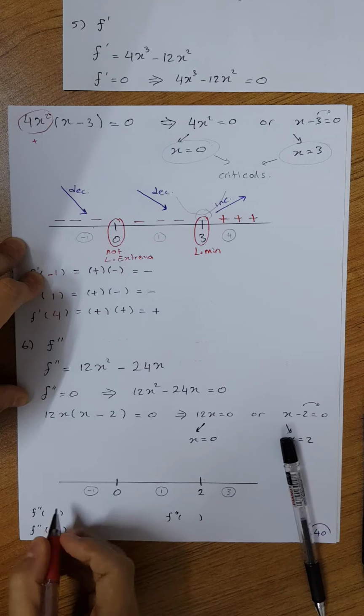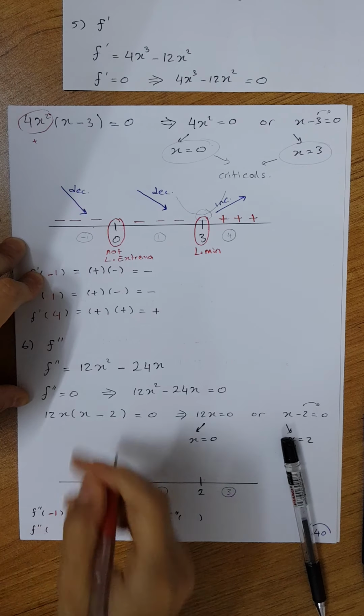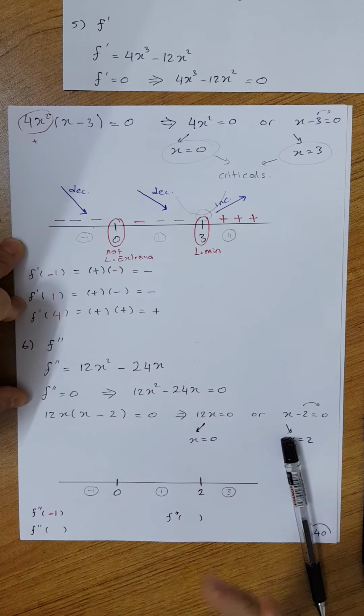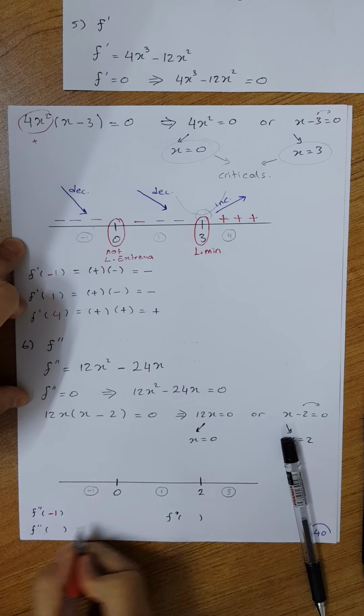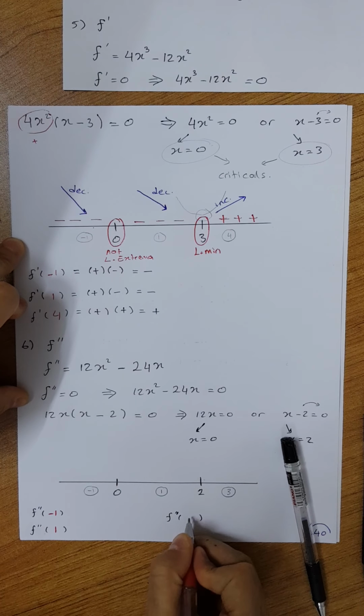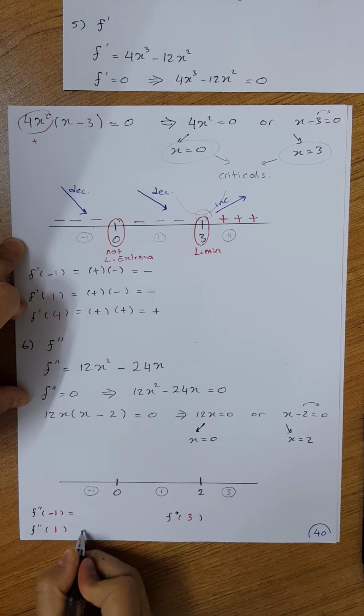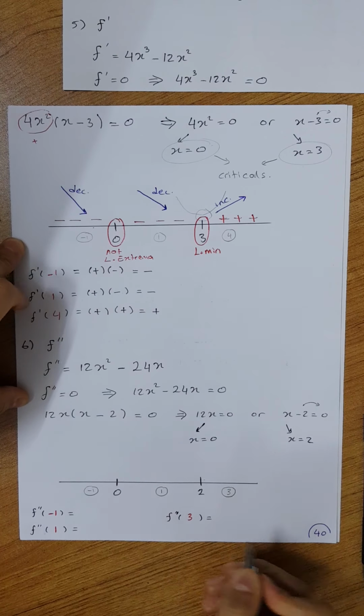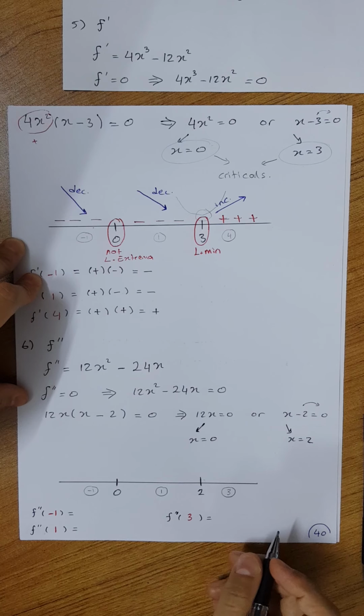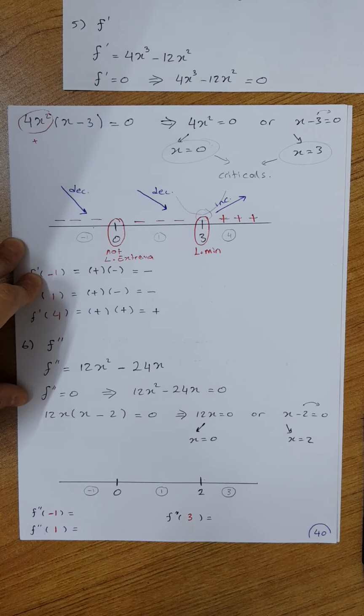Okay, we have to find f double prime of -1. Look, previously we were putting it in f prime, but here we are putting it in f double prime, f double prime of 1 and f double prime of 3. Now we have to find the values, the sign of the f double prime.